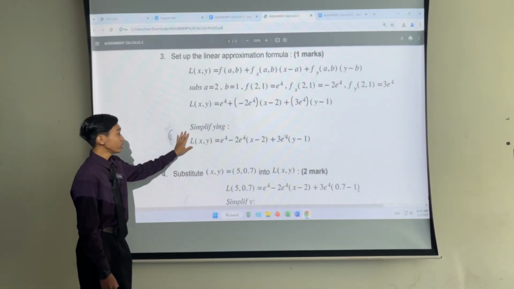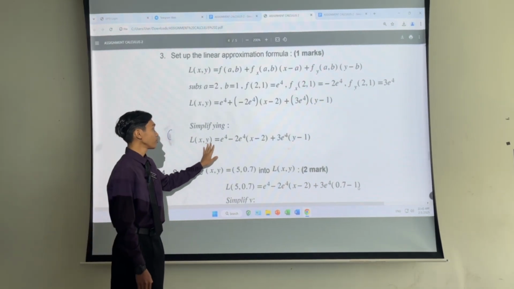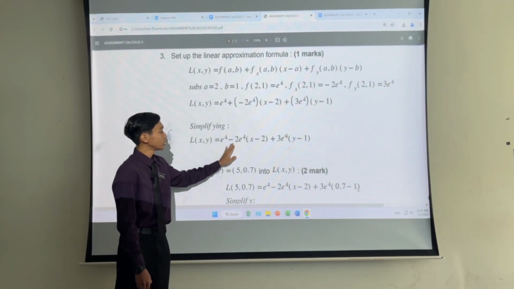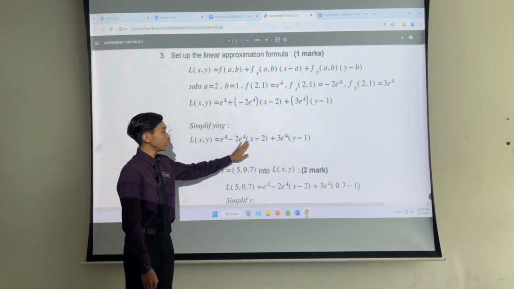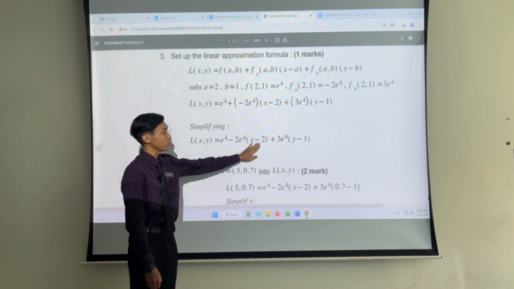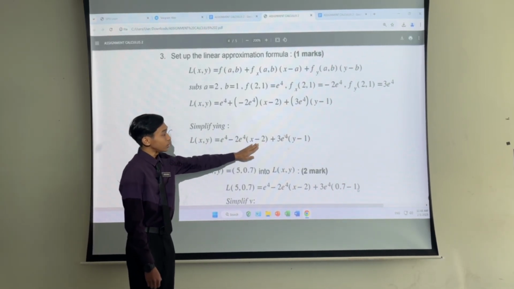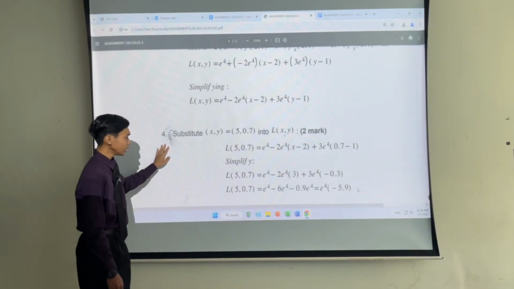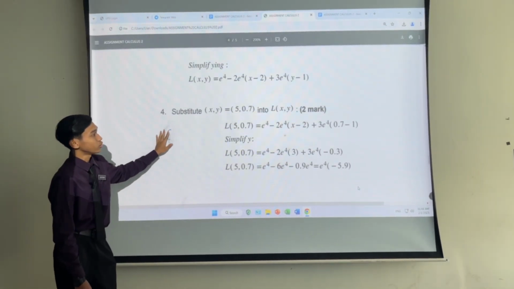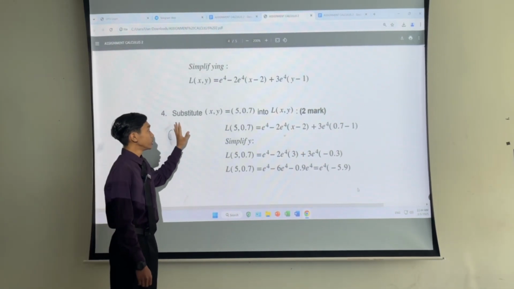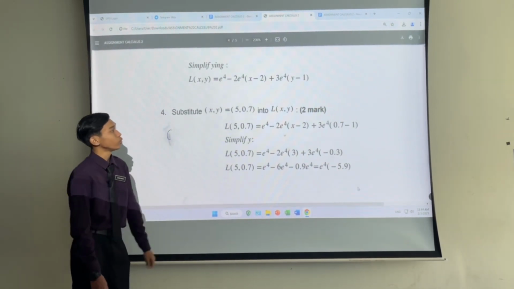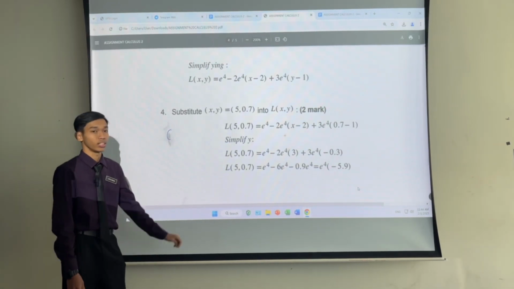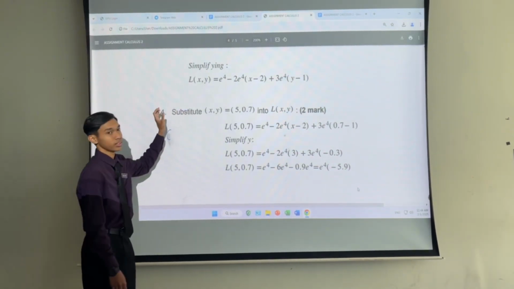So we need to simplify it, and it will become e to the power 4 minus 2 e to the power 4 multiplied by (x minus 2) plus 3 e to the power 4 multiplied by (y minus 1). The next step, for 2 marks, is to substitute x and y with 5.0 and 0.7 into our linear expression that we just solved.